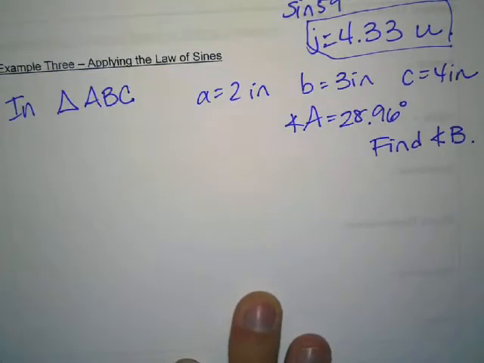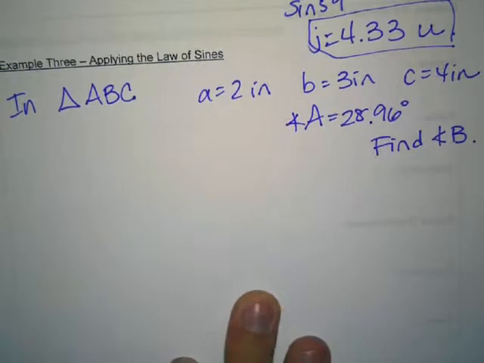Can someone tell me what's different about the information I just gave you? I have 3 sides. What's the other piece of information that I've been giving you, but I'm not giving you this time? We have to find an angle, because all the other problems we've done, I've given you 2 angles. Now we have to find one.